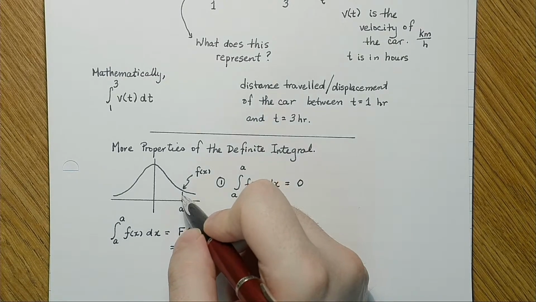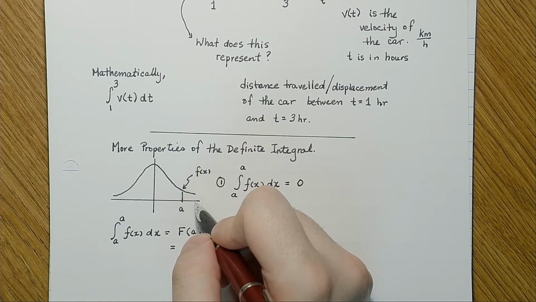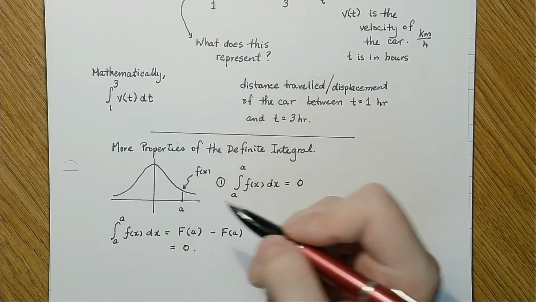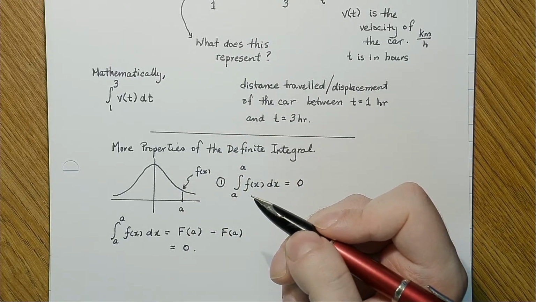So you can think of that as we're going from a to a, but that means that it's just a line, and a line doesn't have any area.